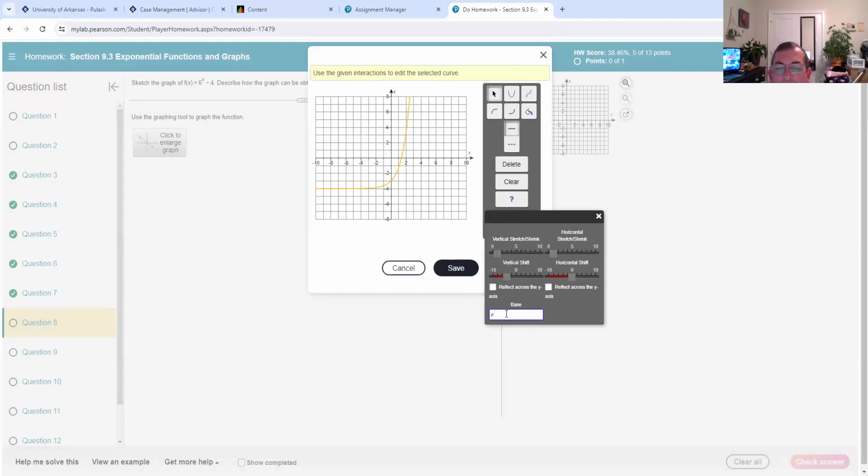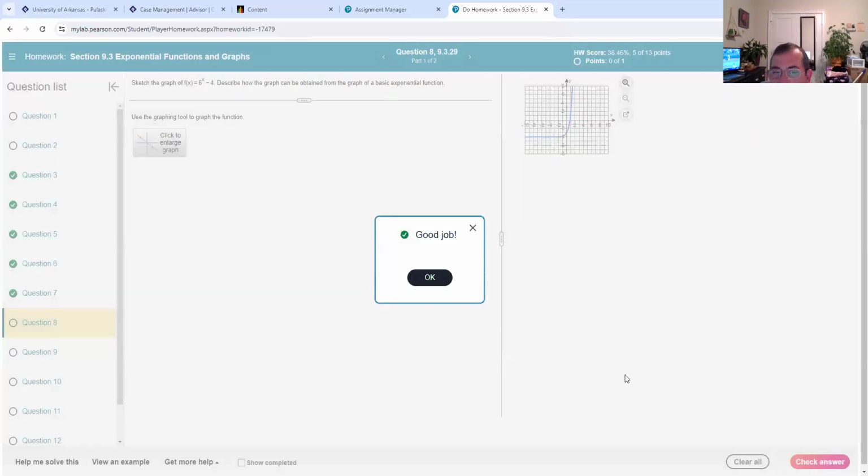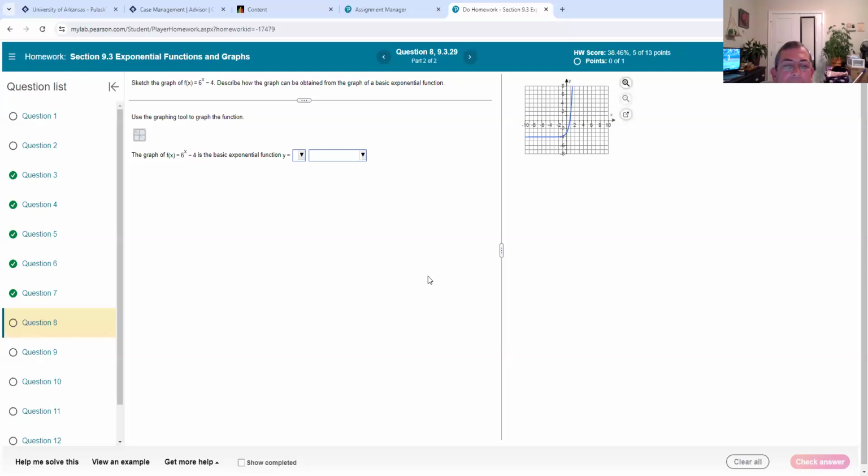Now, y'all remember, my base was a 6. So down here for the base, we need to change that E to a 6. And then you'll save that. Check your answer. And then it's going to tell us basically what we did to the graph.